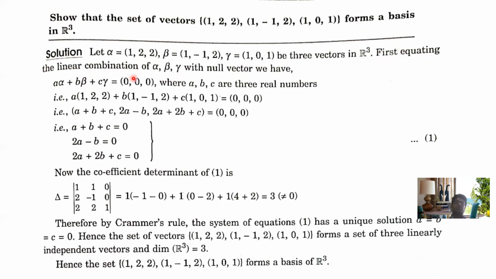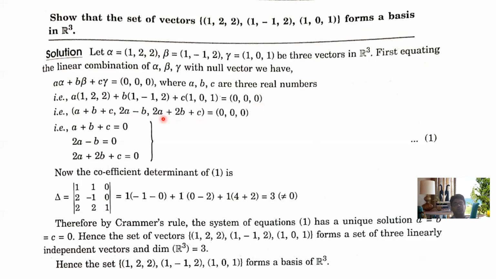First equate the linear combination of alpha, beta, gamma with the null vector, that is A alpha plus B beta plus C gamma equal to 0 0 0, where A, B, C are all real, just like the previous one. The checking for linear independence or dependence is always the same: A times 1 2 2, B times 1 minus 1 2, C times 1 0 1 equal to 0 0 0. If I simplify, what do we get? A plus B plus C, 2A minus B, and 2A plus 2B plus C equal to 0 0 0.